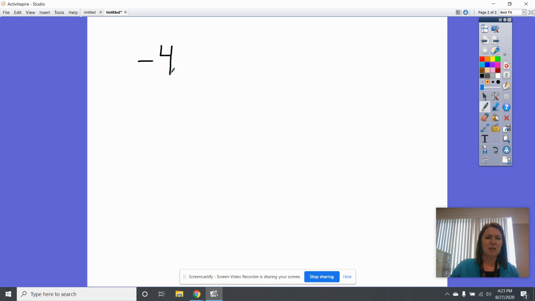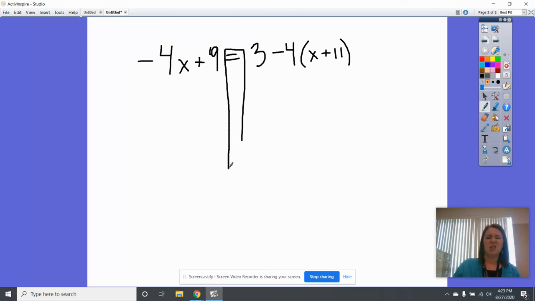For example, we have -4x + 9 = 3 - 4(x + 11). I always draw my wall to start off with, just to help keep me organized. First thing is, on this side, is there anything to distribute? No. Anything to combine like terms?